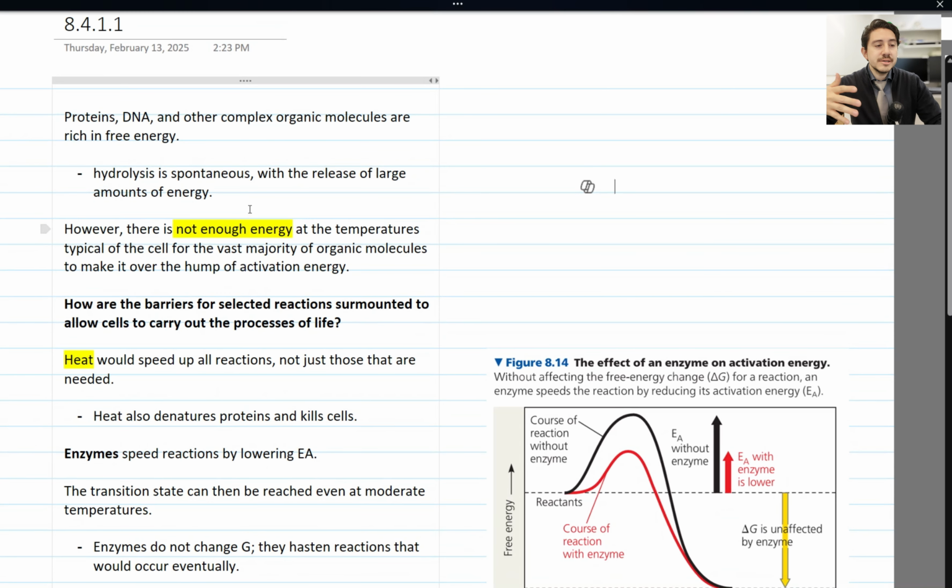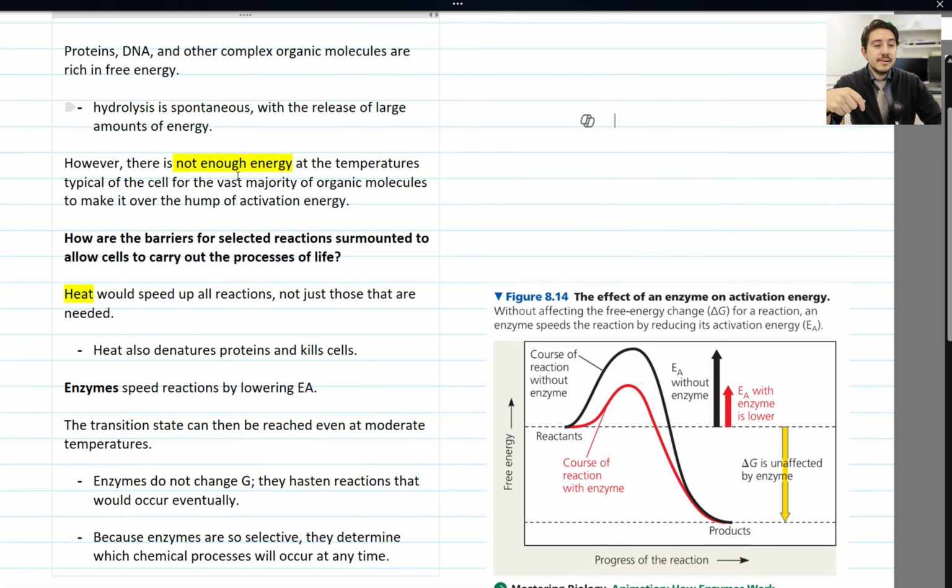Okay. So proteins, DNA, and other complex organic molecules are molecules that are rich in energy. And whenever you have reactions like hydrolysis coming in, this reaction is generally spontaneous, and it will release a large amount of energy for these particular products.